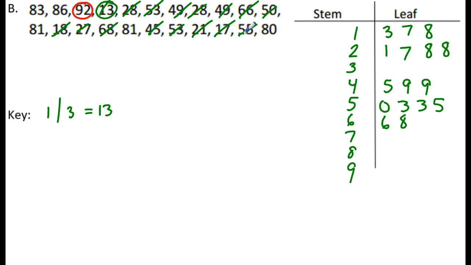In the 80s, I have 80. I have an 81 and another 81, an 83, and an 86. And then finally in the 90s I have 92. So this is what my stem and leaf plot would look like for this set of data.